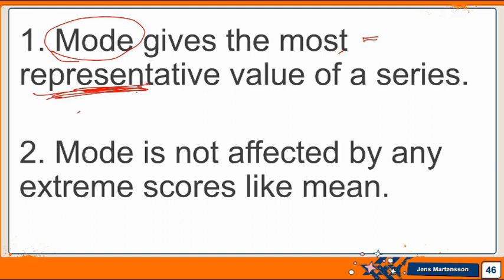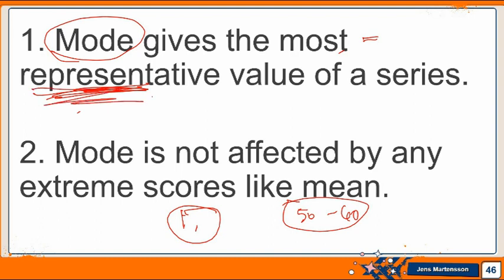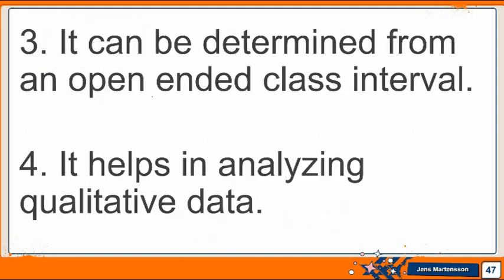Kung ano yung pinakamaraming nag-appear. Number 2, mode is not affected by any extreme scores like mean. Kahit ang scores ng karamihan ay 50 to 60, tapos kahit may naka-1, hindi naapektuhan ni 1 yung magiging result ng central tendency, as ang nire-represent niya lang is yung may pinakamaraming nag-appear.